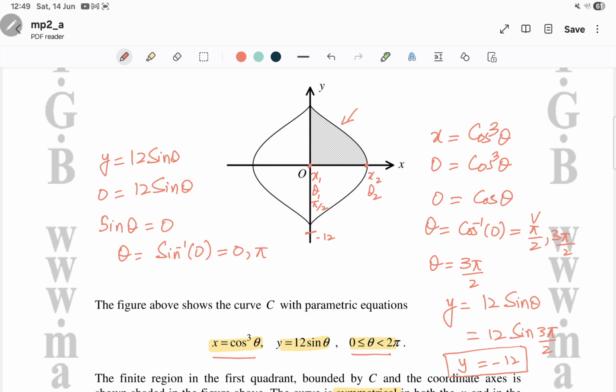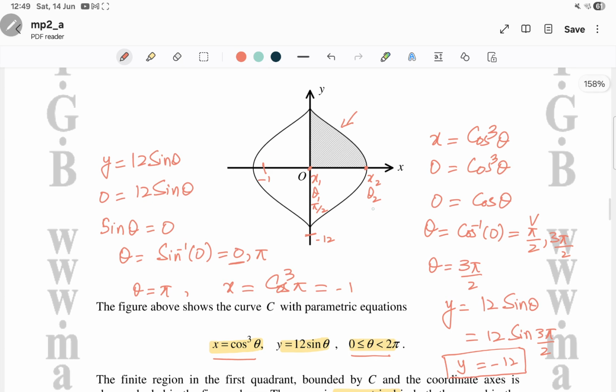But if you select theta as pi and check the x coordinate, x will be cos cube of pi, which is minus 1, so x is minus 1 somewhere here, but we are not interested in it. We are interested in the shaded region, so we should pick theta equals to 0 from here. So theta 2 is 0.